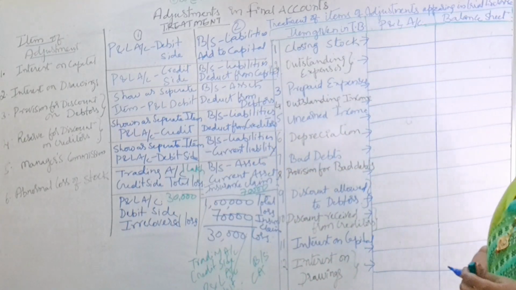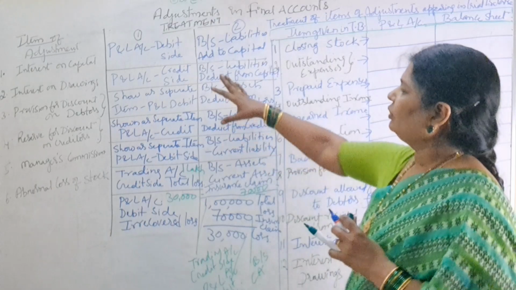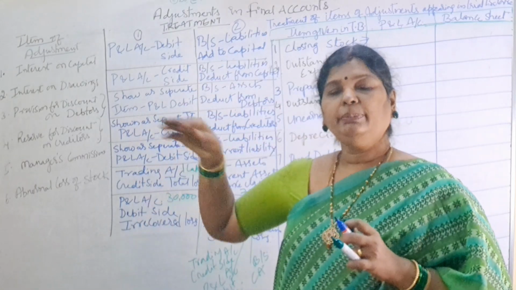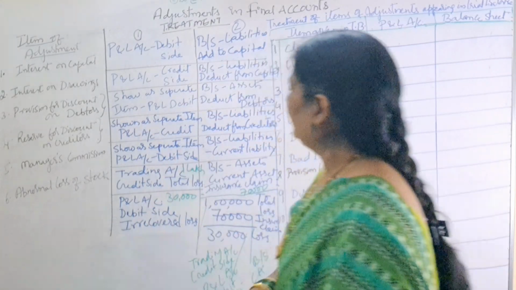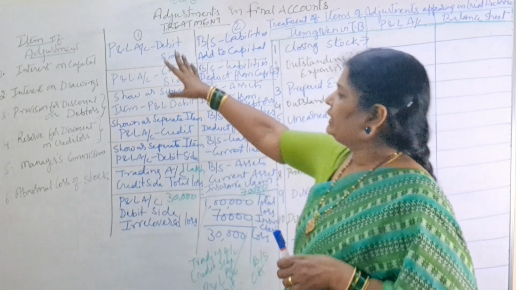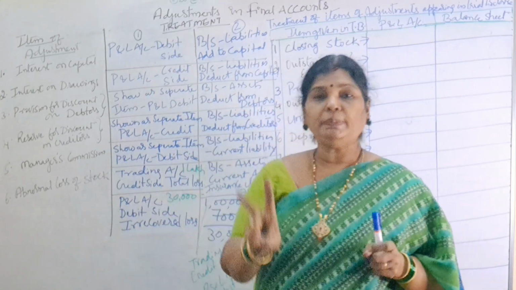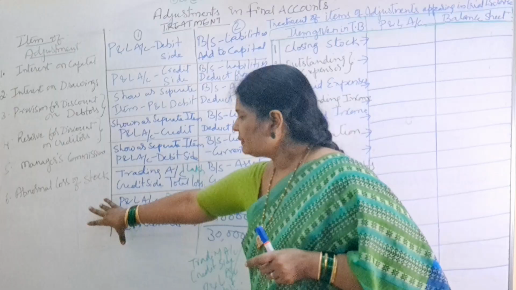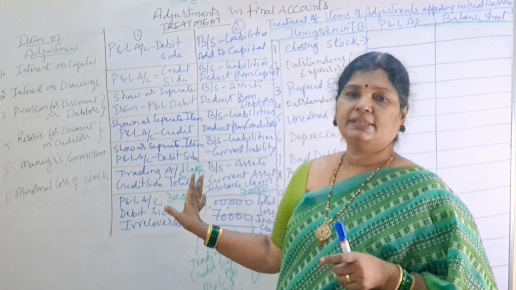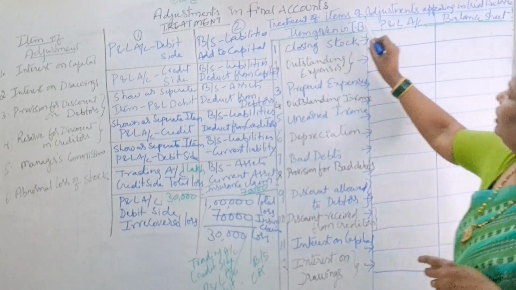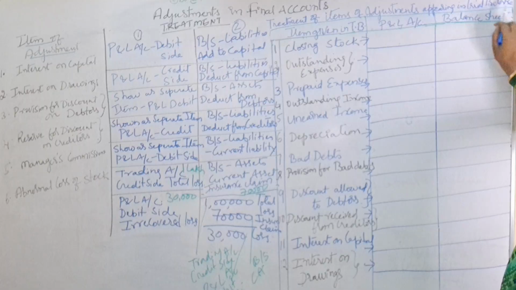Clear? So I've explained all the adjustments what will come below the trial balance. Remember, all the adjustments which are given below the trial balance will come in 2 places, but only this adjustment will come in 3 places.